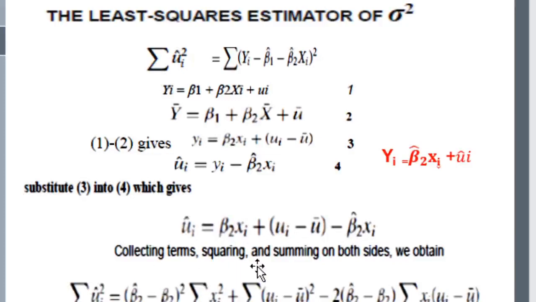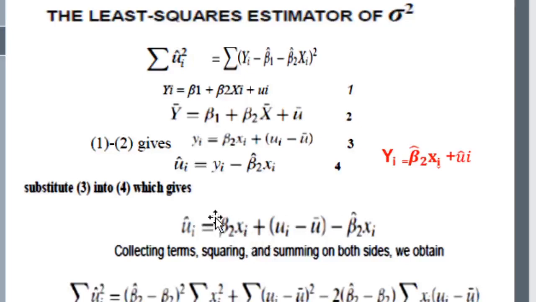Then here we are going to use some mathematical techniques. Collect the like terms. Beta 2 and beta 2 cap, these two terms can be brought together. Then it will give beta 2 xi minus beta 2 cap xi plus ui minus u bar.